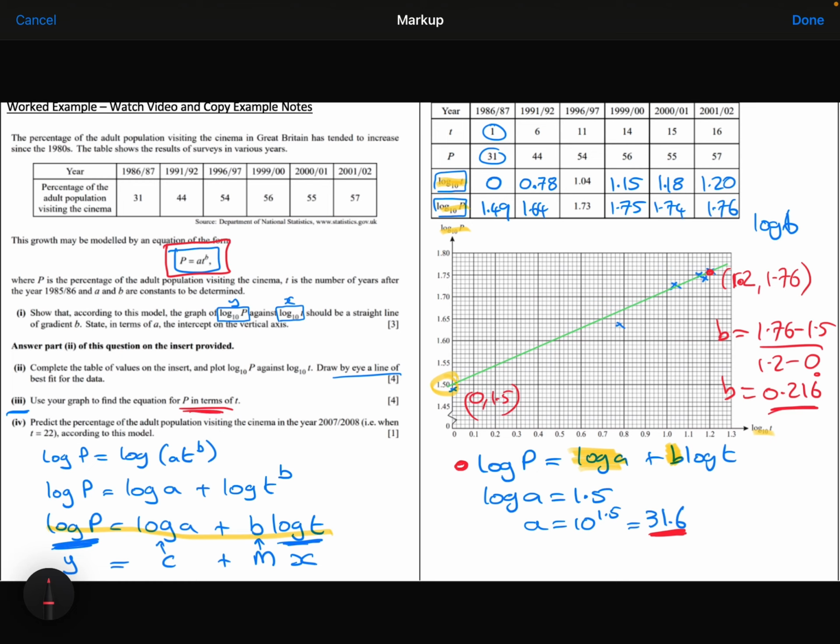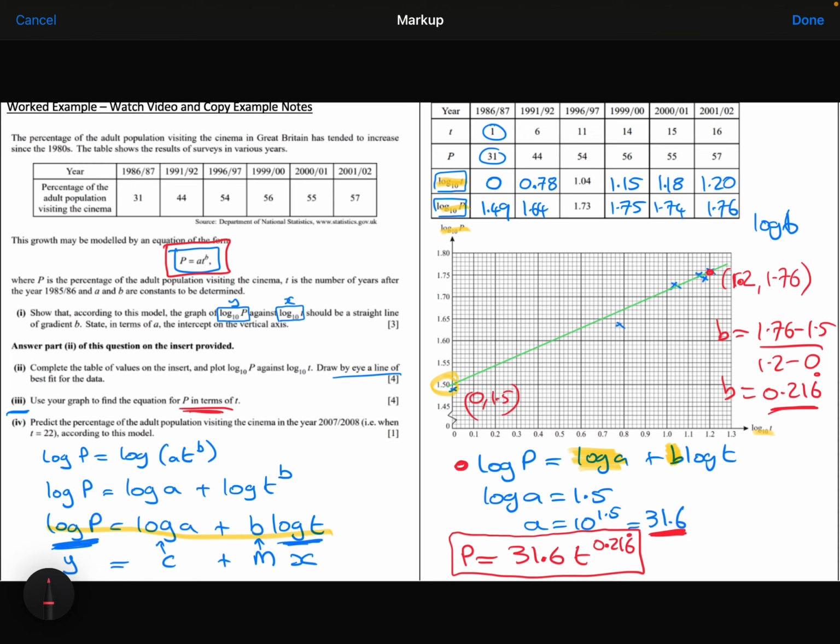Find the equation for P in terms of T. So my P is equal to A, which is 31.6, multiplied by T to the power B. That's my answer for part III of the question, my equation for P in terms of T.